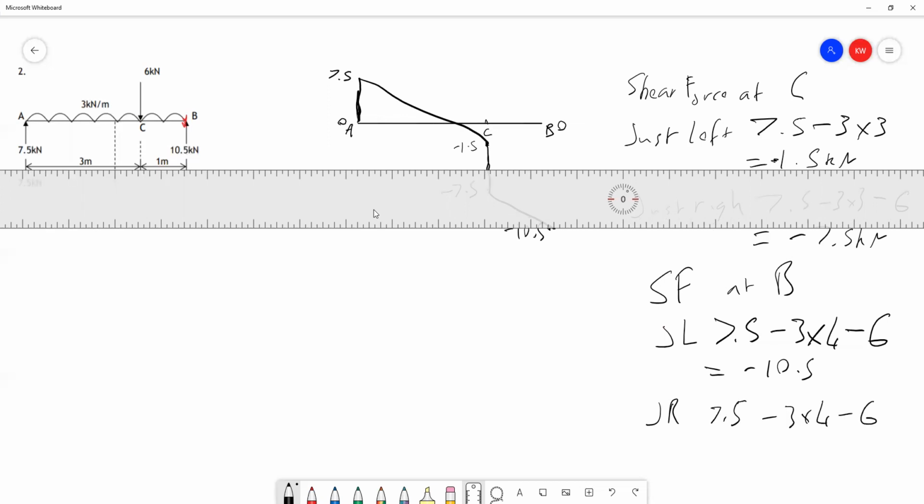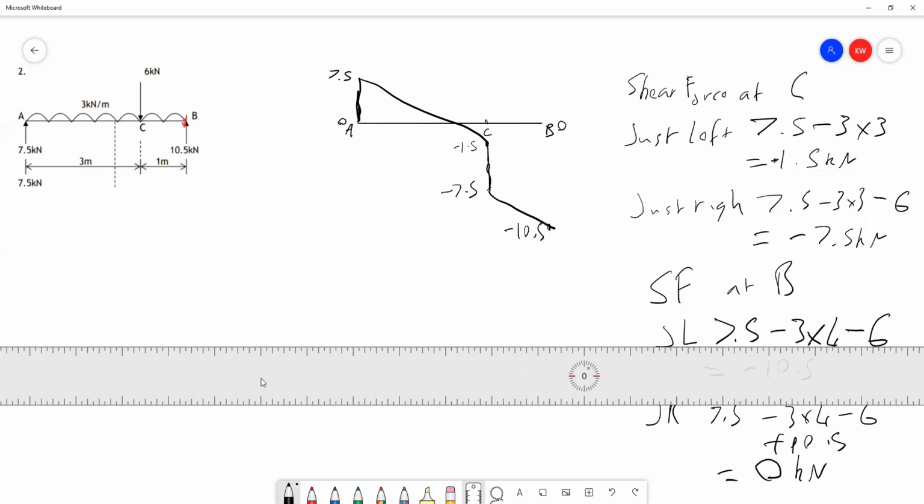We've got minus 6, the force acting at C. And we've got plus 10.5, the force acting at B. Now you can probably guess here, if we're adding another 10.5 on, and the previous one was minus 10.5, yes, we are left with 0 kilonewtons as our remaining force. And so we draw a straight line back up from this point to the end of the beam. And this completes our shear force diagram.